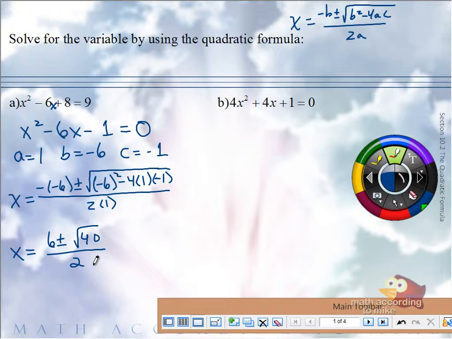40 is not a perfect square, but it contains one. What does it contain? The biggest perfect square. 4. 6 plus or minus 2 radical 10 over 2.